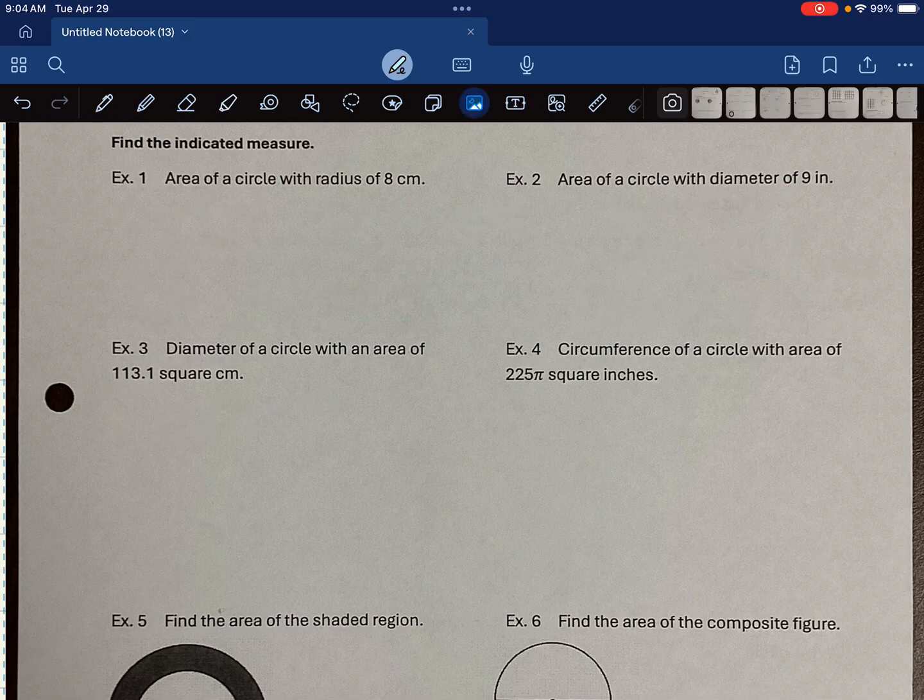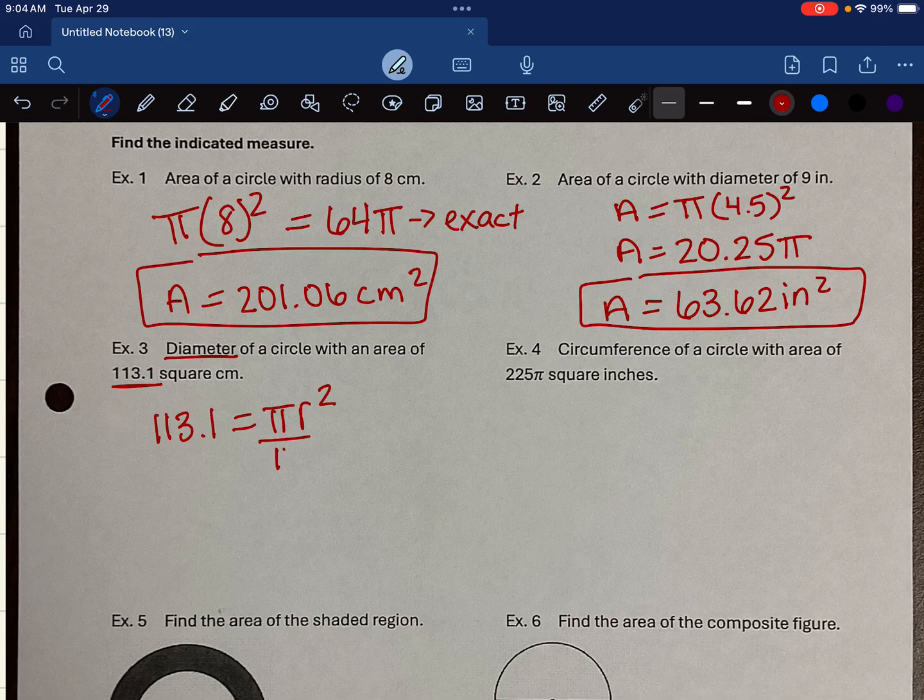Yeah, just divide by pi. So in your calculator, 113.1 divided by pi. 36. Okay, so 36 is equal to r squared. How do I get just r? Square root. What's the square root of 36? So if my radius is 6, we did solve, but that didn't answer the question. What do I have to do to answer my question? Double it. So my diameter would be 12.